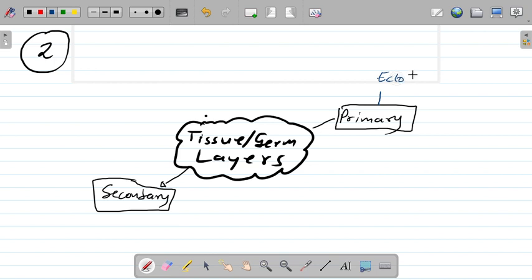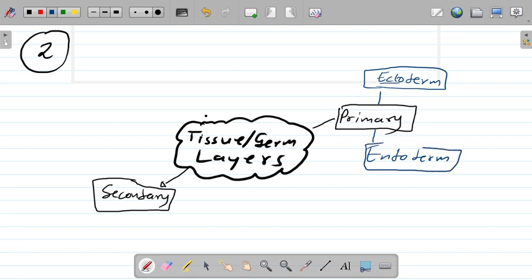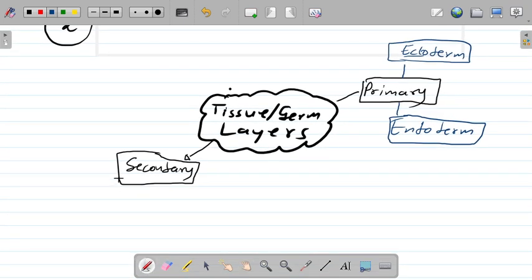Ectoderm: ecto means outside. Endo means inside: endoderm. So these are the two primary layers. And then the third one is a secondary layer, known as the mesoderm. Derm means layer, and meso means middle. So that's the middle layer.